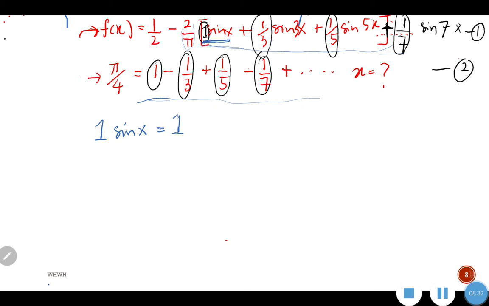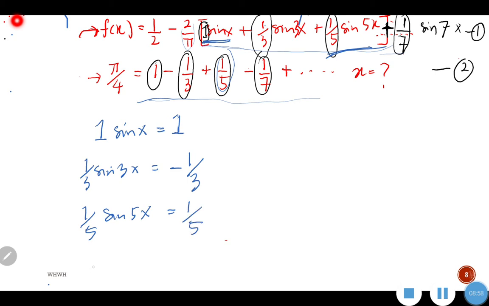Then yang ni pula 1/3 darab sin 3x sama dengan negatif 1/3. Okay, and then seterusnya we do have 1 over 5 sin 5x. The third term here, 1 over 5 sin 5x is equals to positive 1 over 5.